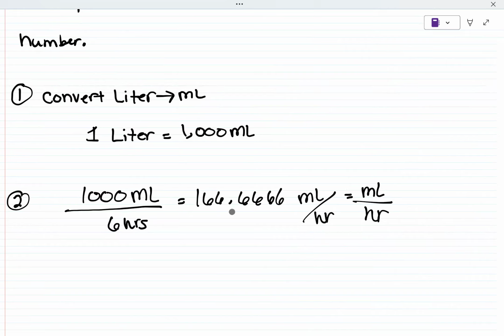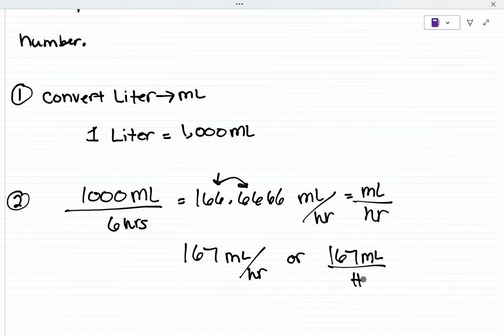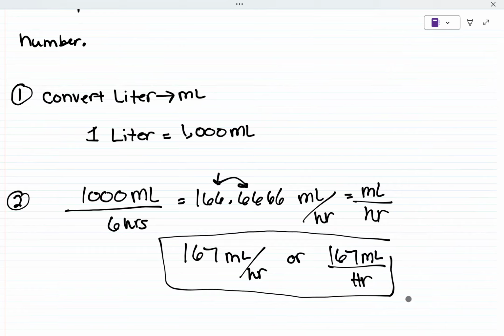So 166.6, you look at the neighbor, the six, it's five and beyond, so it's going to be 167 milliliters per hour. You can write it as slanted, or completely horizontal. So that is example one.